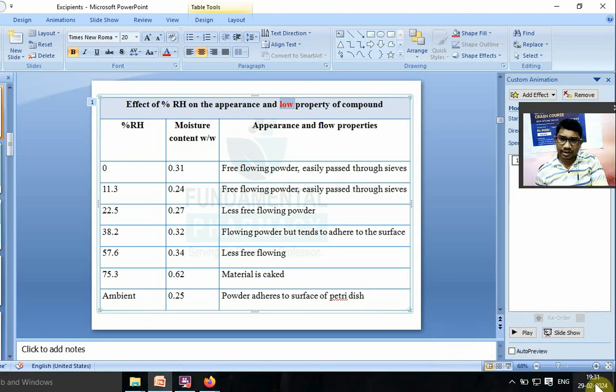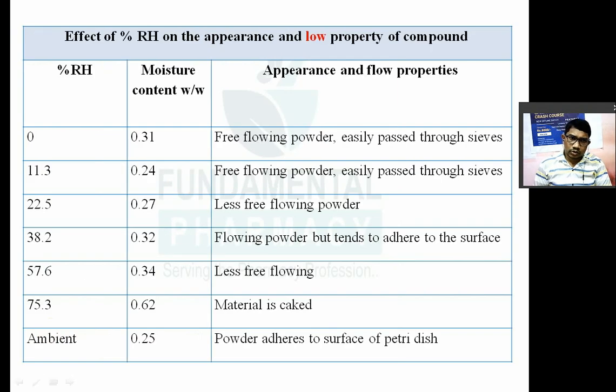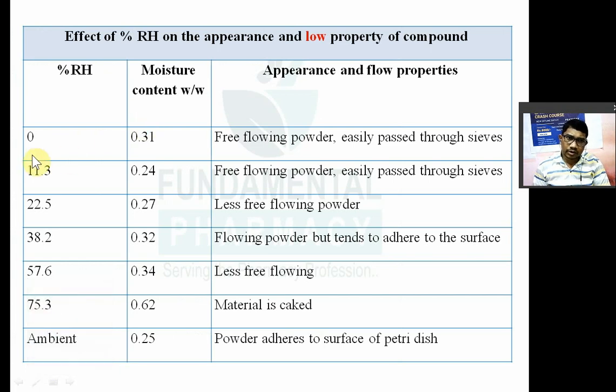If humidity increases, what is the effect on flow properties? For example, here when relative humidity is 0%, the moisture content is 0.31% weight by weight. At that time the powder is free flowing and it easily passes through the sieve.